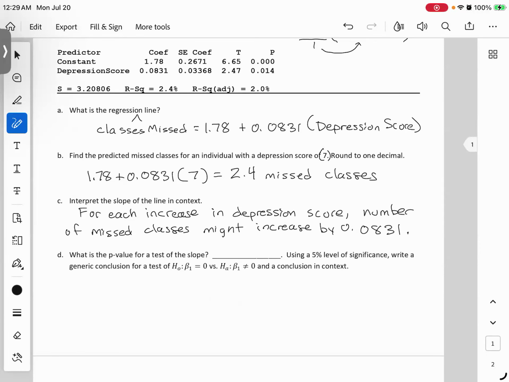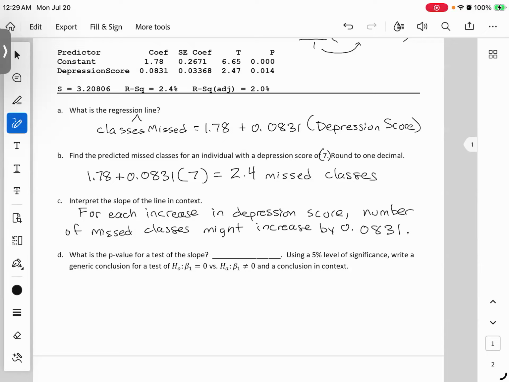So it's not a direct relationship where every time your depression score goes up 1, you're going to miss 1 class. It will take the depression score going up several times before it actually equates to a complete additional class being missed. But the main thing is that the slope being positive is suggesting a positive relationship, that as depression score increases, the number of missed classes also tends to increase.